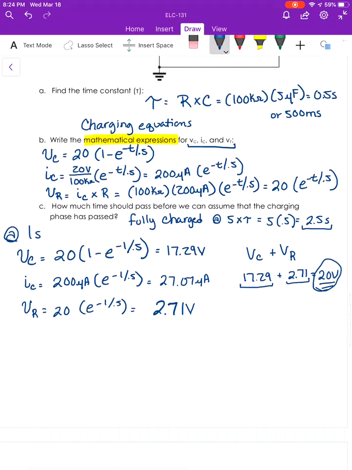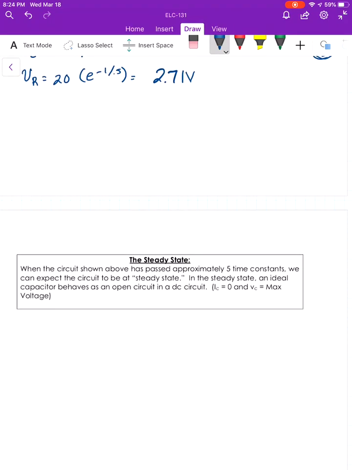Okay, one mention about our steady state conditions. When the circuit above has passed approximately 5 time constants, we expect the circuit to be at what we call steady state. In steady state, the capacitor behaves as an open circuit in a DC circuit. What that means is our current is equal to 0, and the voltage dropped across the capacitor is at a maximum level.